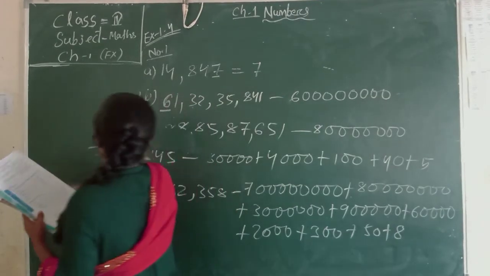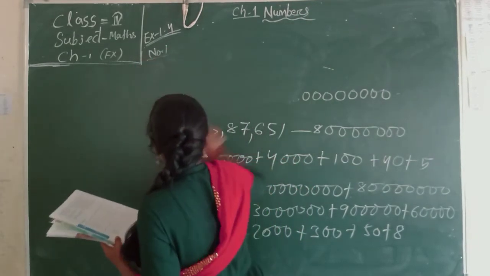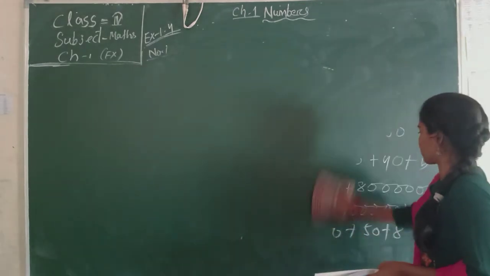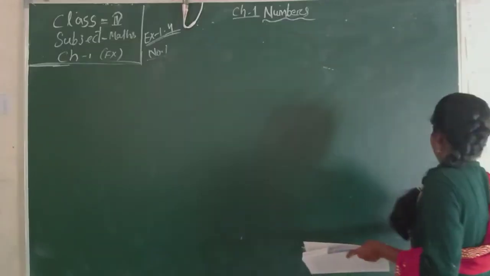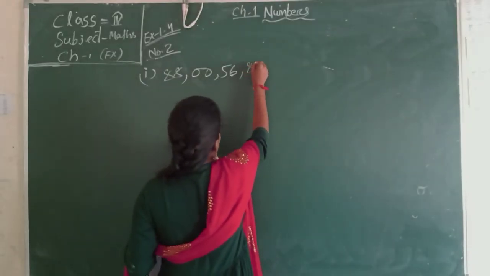Okay, I am doing another number, that is I number. Look here, there is 88 crore, 0 lakh, next 56,871.